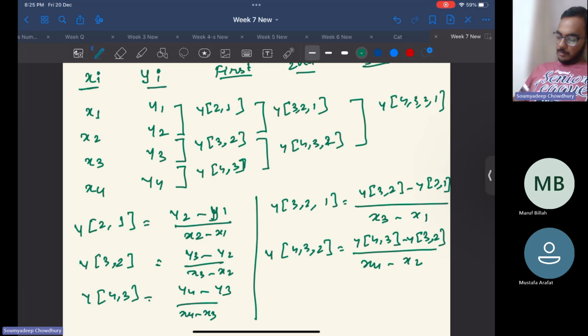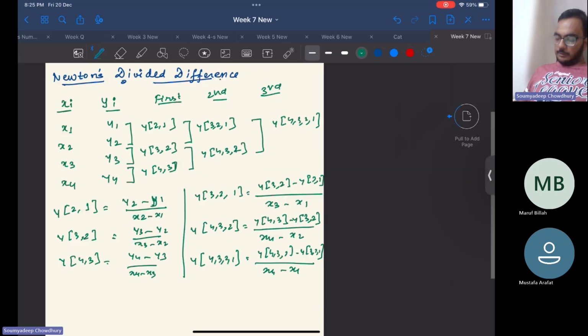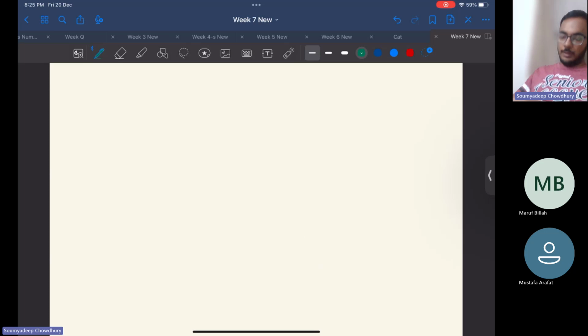Similarly, you can get the other one also. The third order, y of 4,3,2,1, is y of 4,3,2 minus y of 3,2,1 upon x4 minus x1.